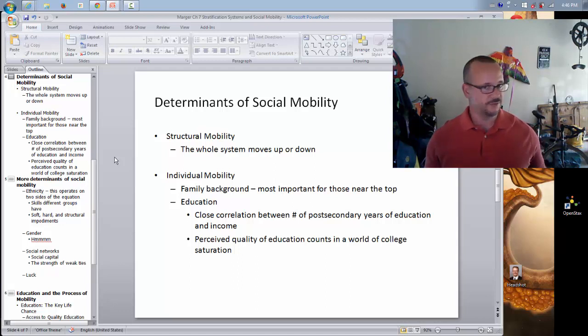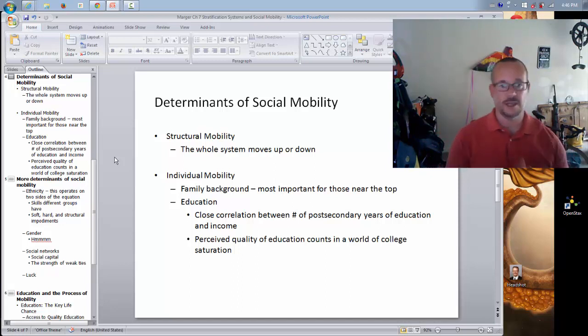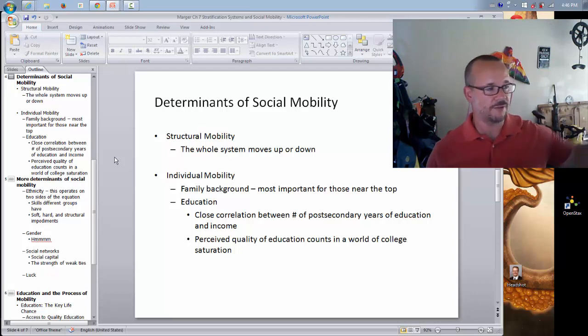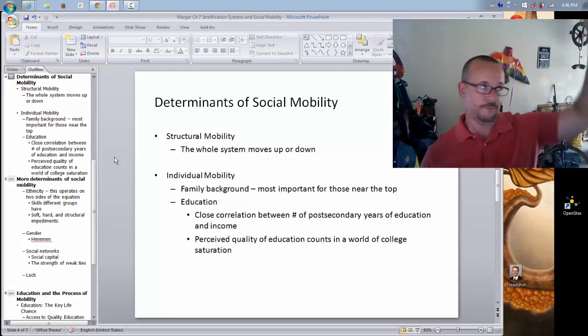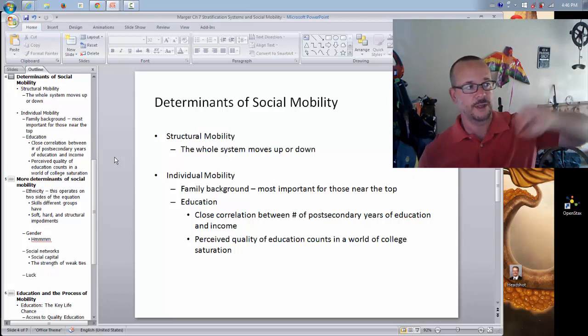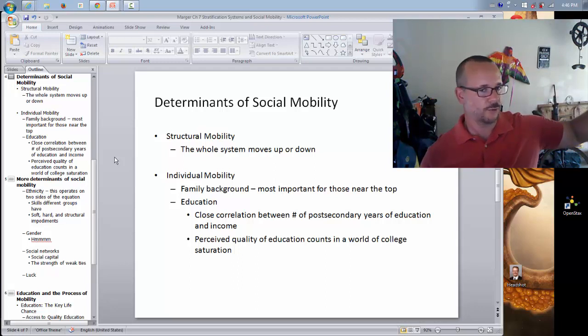Of course, that's 40 years of up movement, and we've seen in a couple of lectures back and in the book and in several of the readings that things have really tapered off. For the people who are at the top, you see that continuous improvement. But somewhere around the 70s, things really started to plateau for working folk.